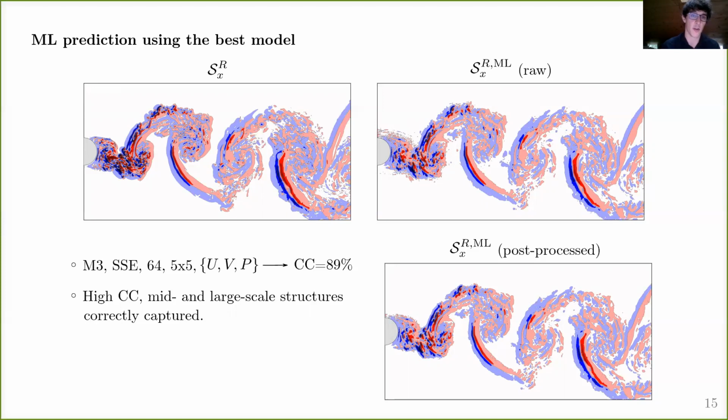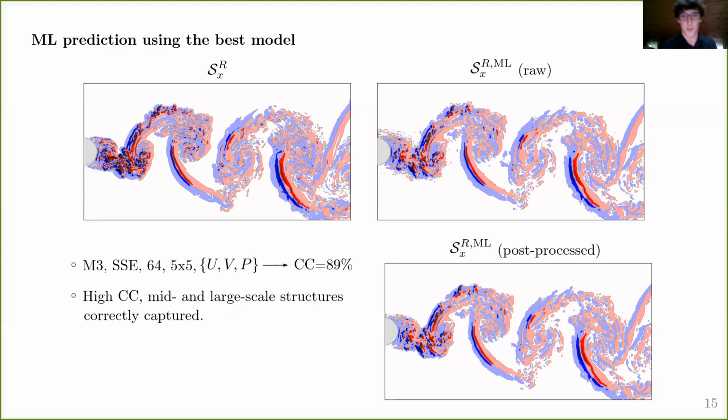And here, from a qualitative point of view, we have on the top left how this closure term that adds the 3D effects into the 2D Navier-Stokes solver would look like. And then the raw prediction of our machine learning model is on the top right, and how it can be post-processed.